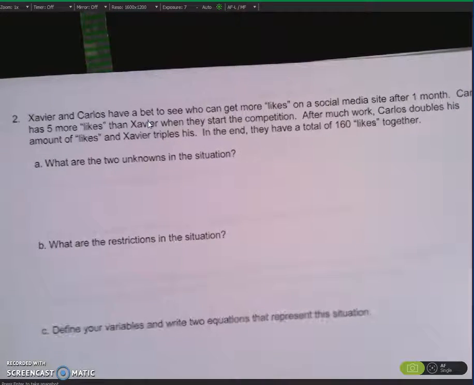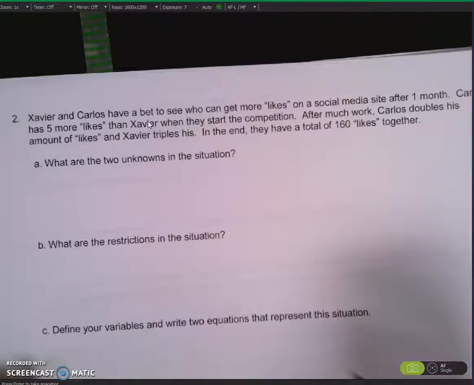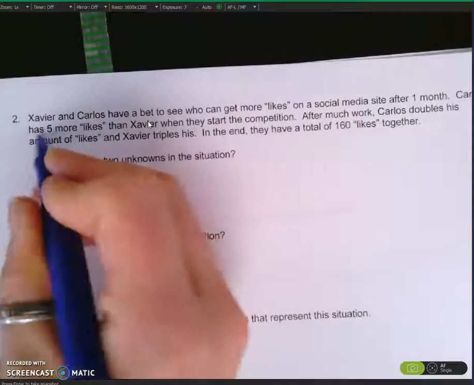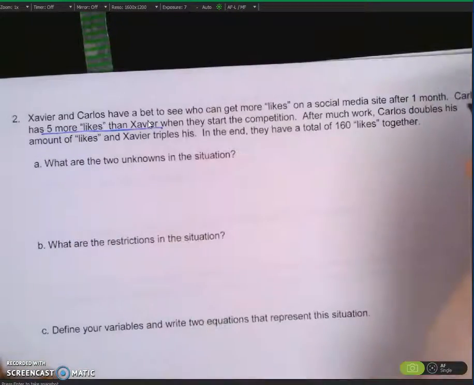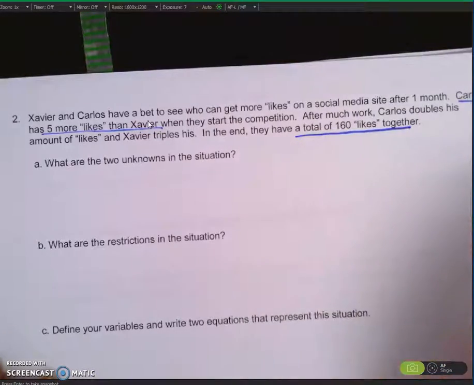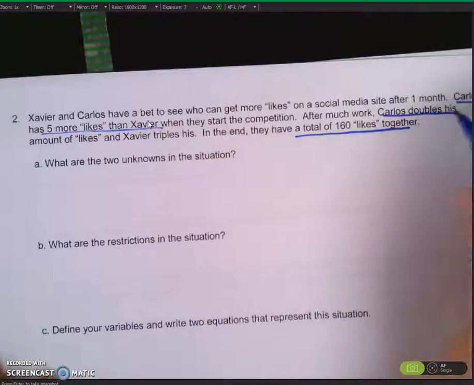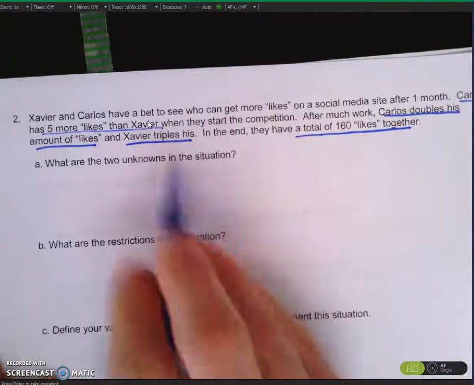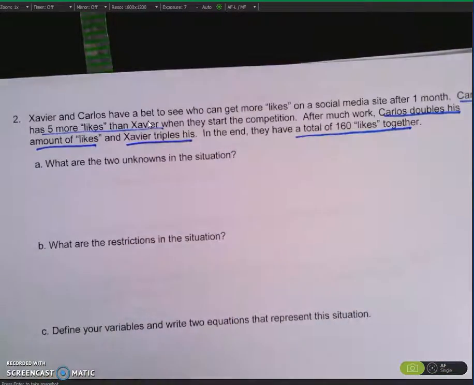Okay, so looking at the problem again, something that you might have underlined is Carlos has 5 more likes than Xavier. And at the end, they have a total of 160 likes. Carlos doubles his amount of likes, Xavier triples his at the end of the competition. So let's see.